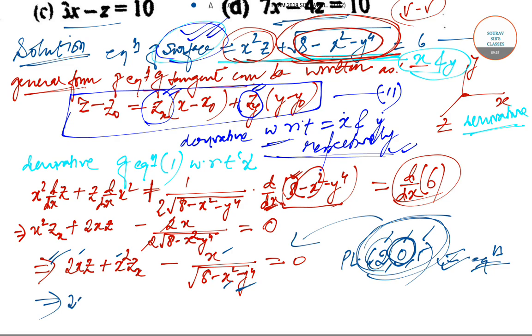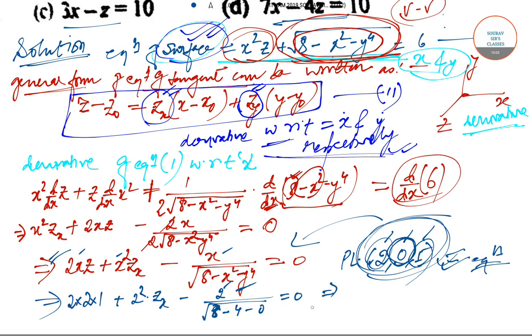So it's 2 into 2 into 1, since the value of z is 1, plus 2 square into zx minus 2 upon root under 8 minus 4, since 2 to the power 4 is... y to the power 4 is 0, and 2 square is 4, and minus 0, it should be equal to 0.